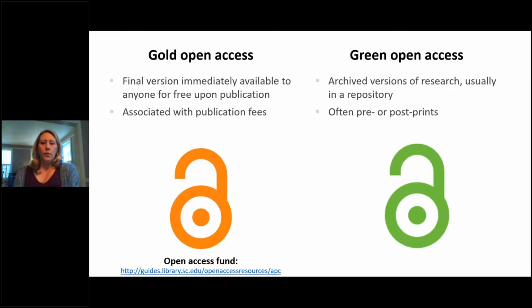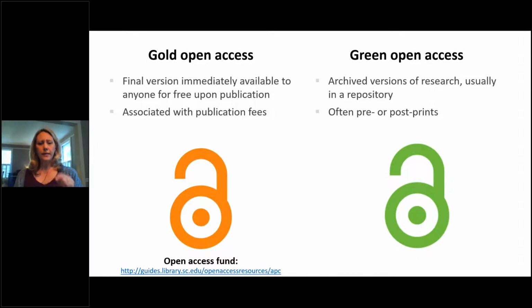So one little tool, a bit of help for you while you're at the University of South Carolina, is that if you want to publish gold open access and you are facing an article processing charge, the university libraries has a fund that can pay those charges for you. So this is for graduate students and faculty and other folks at the university.